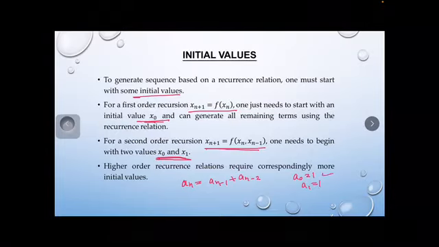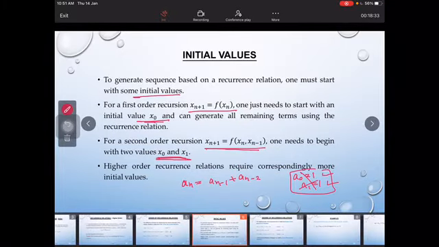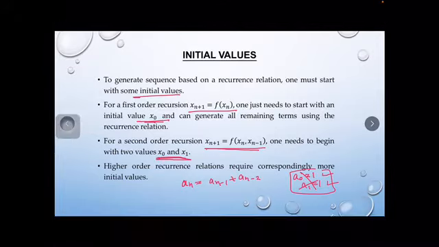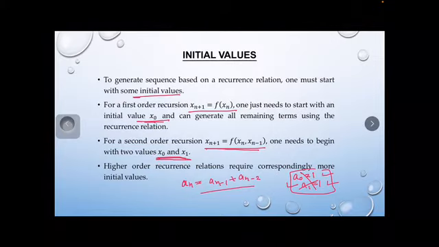First value is a0 equal to 1, second is a1 equal to 1, so now the next value a2 is 1 plus 1, that is 2. Without initial conditions we can't find it. Suppose I told you to find the series from this recurrence relation, but without the initial conditions. Can you find it? No, you can't. So you must have the initial conditions along with the recurrence relation.